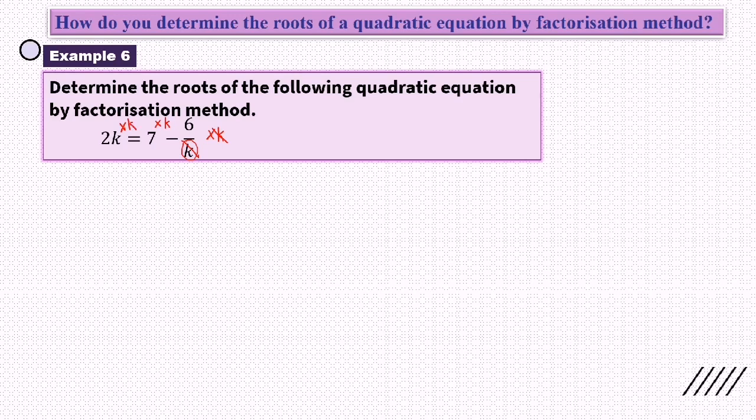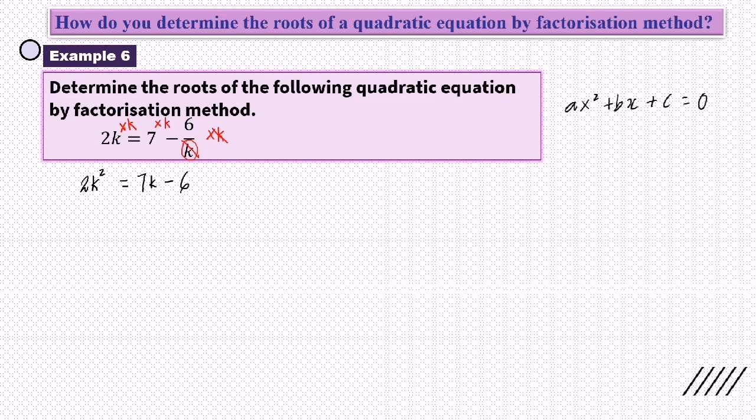So 2k squared equals 7k minus 6. And you need to arrange into general form. What is general form? as squared plus bs plus c equals 0.